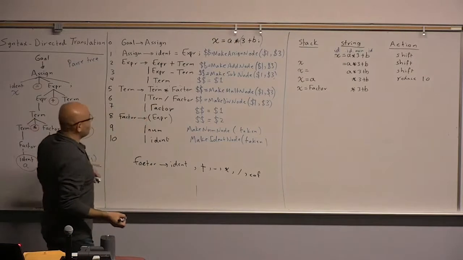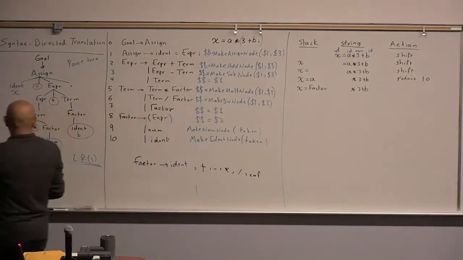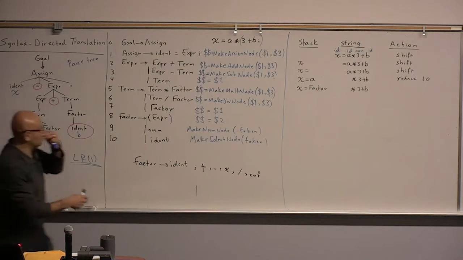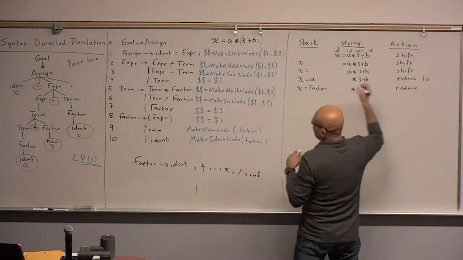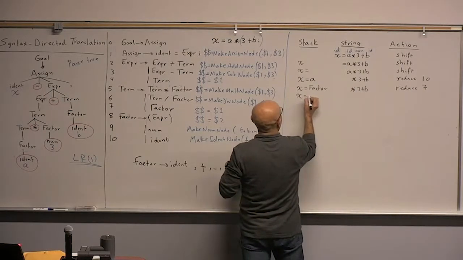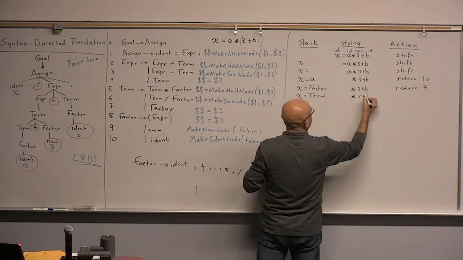Then factor can be reduced to a term. In this derivation tree, we go from identifier to a factor, then factor gets reduced to a term. So then we reduce by rule number 7, and this is going to give x equals term. And we still have multiply 3 plus b.